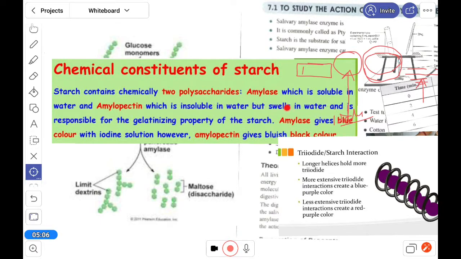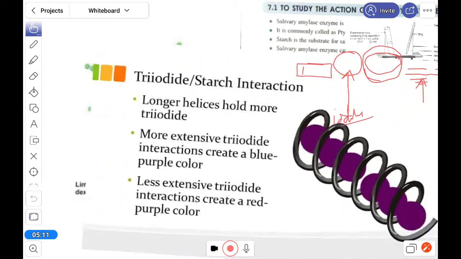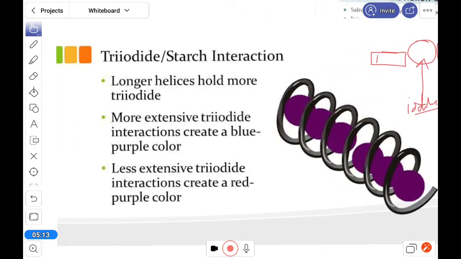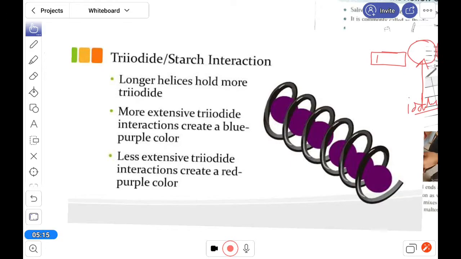In the longer helical chain, the triiodide of iodine is trapped, so it shows a certain color, that is blue, purple, black.